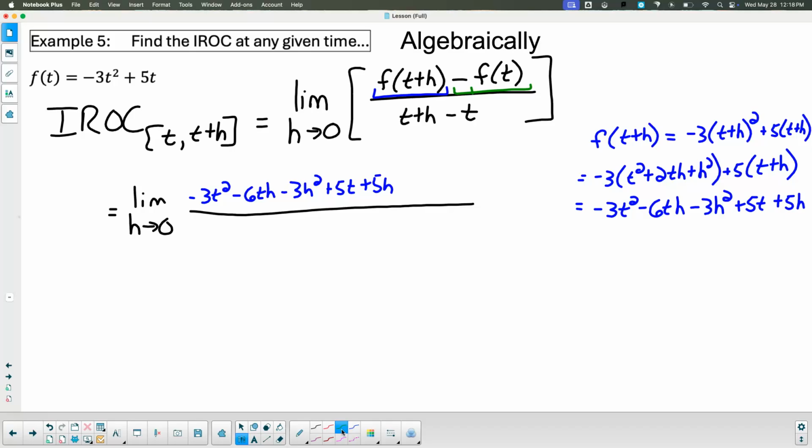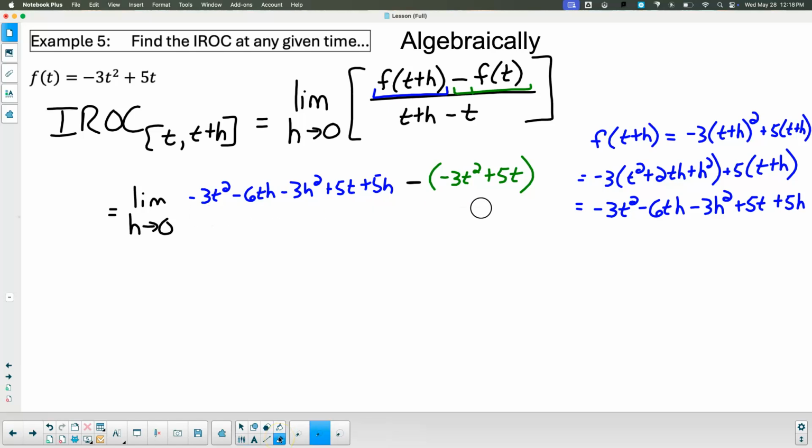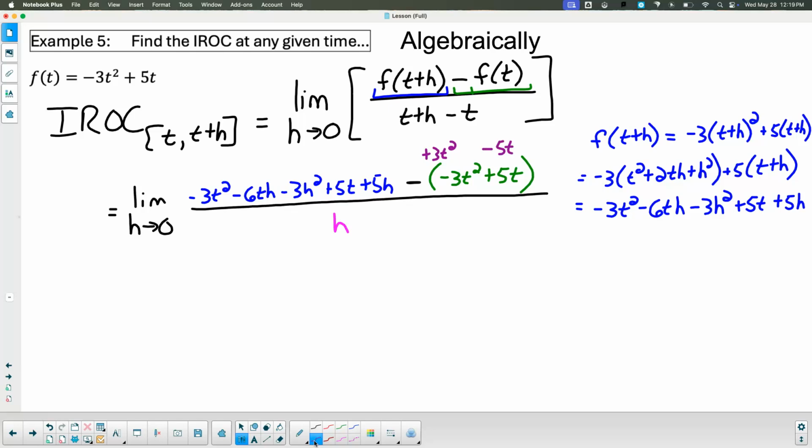So that's going to be minus negative 3t squared plus 5t, and that was all over h. Well, truthfully, this here is plus 3t squared, and this here is minus 5t. Do you agree with that?